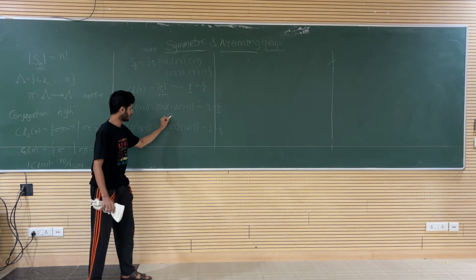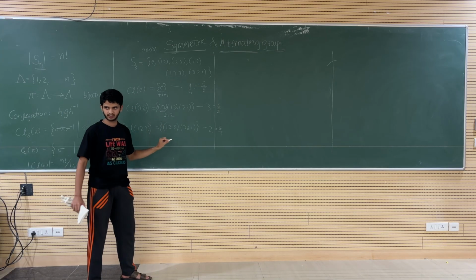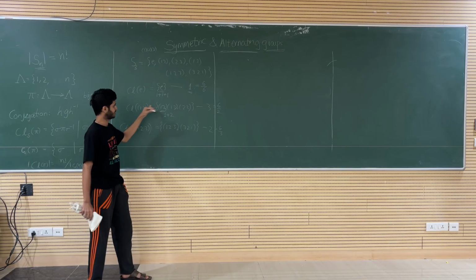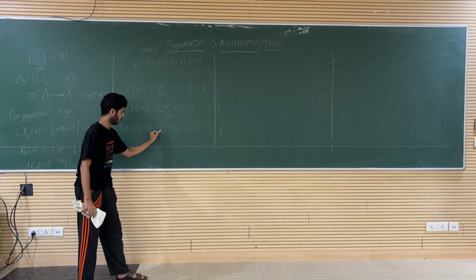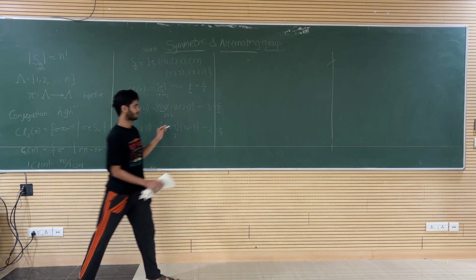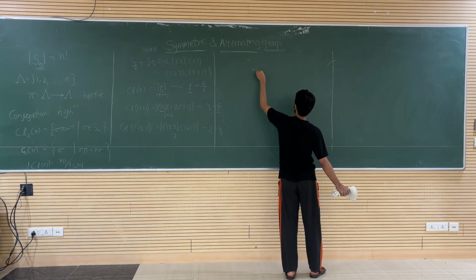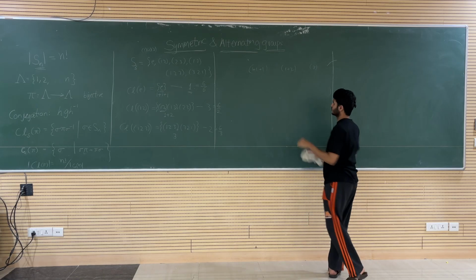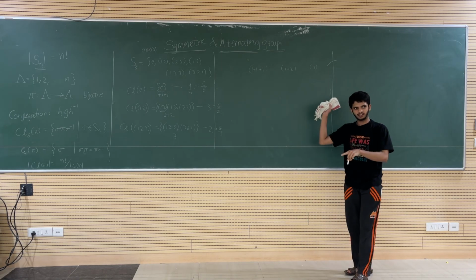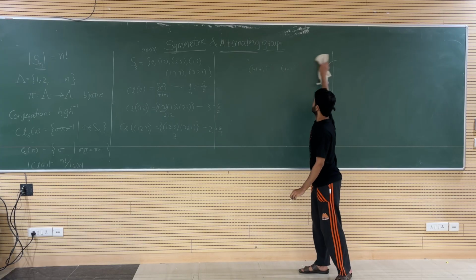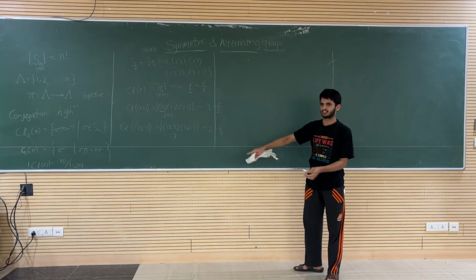This 2 corresponds to a transposition, and this 1 corresponds to a fixed point. Here the fixed point is 3; here 2 is the fixed point. What does the 3-cycle correspond to? 3 itself. So what are the partitions of 3? 1 plus 1 plus 1, 1 plus 2, and 3. These are the only 3 partitions of 3, so we have 3 conjugacy classes. This is also verified.